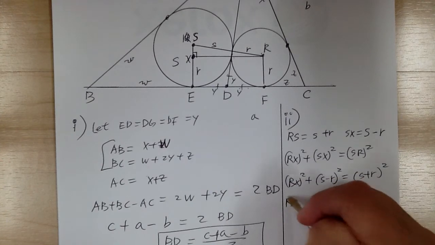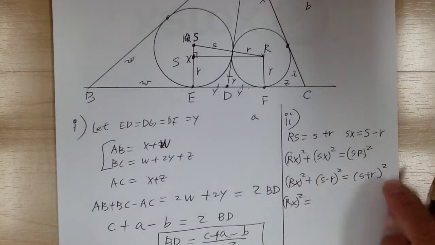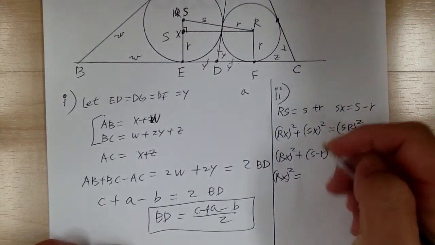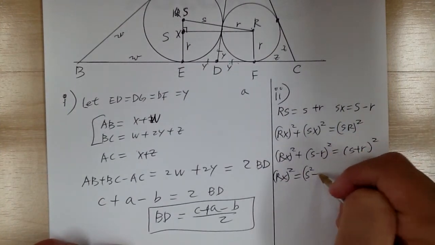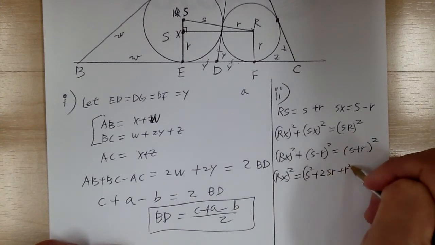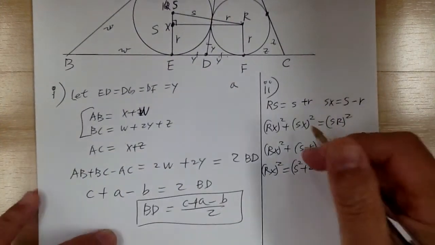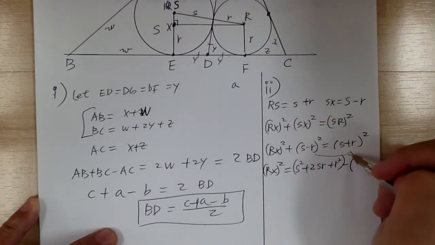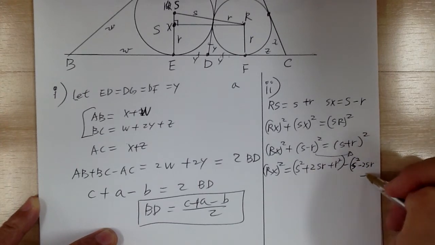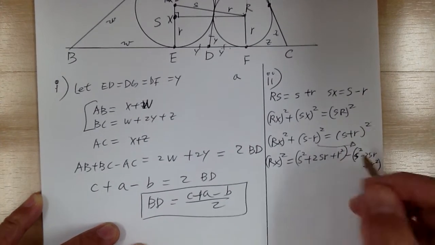So Rx squared equals, I'm going to move this over, so I'm going to expand this. I get S squared plus 2SR plus R squared minus, and I move this one over, so that's why it's minus: S squared minus 2SR plus R squared.